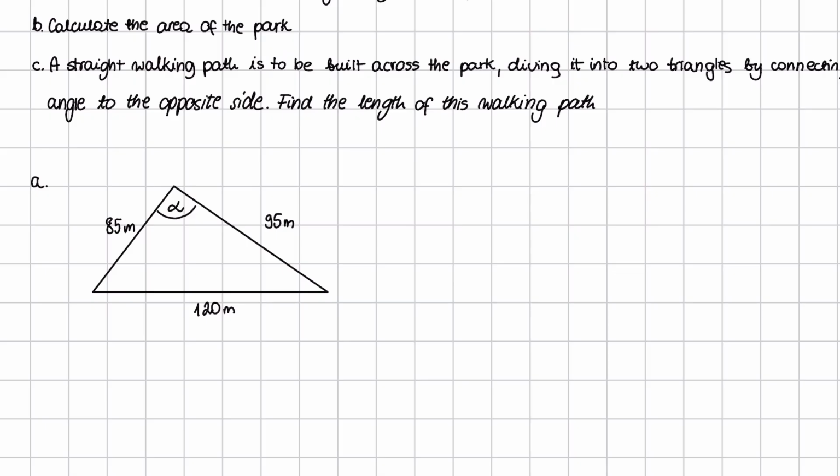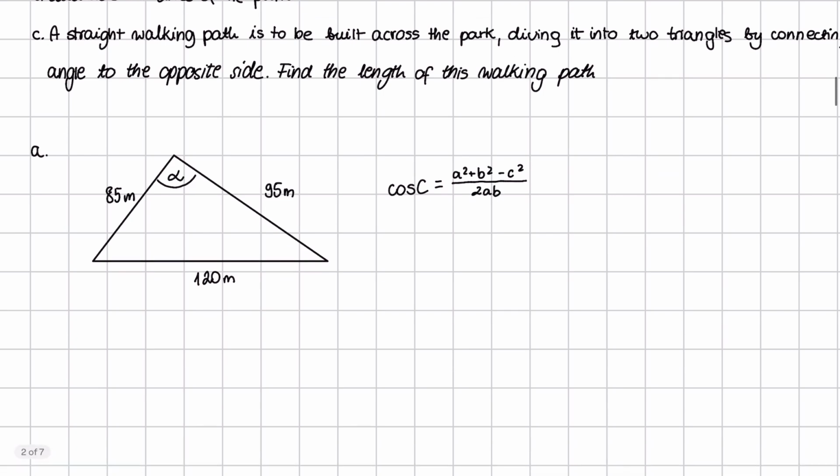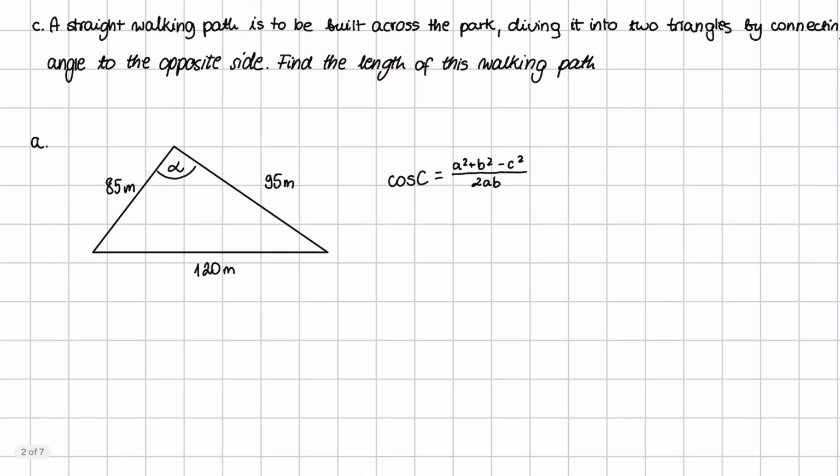And now we have to use the cosine rule to calculate this angle. So the cosine rule looks like this. Cosine of the angle equals a squared plus b squared minus c squared over 2 times a times b, and this formula is in your booklet, so you don't need to remember that.